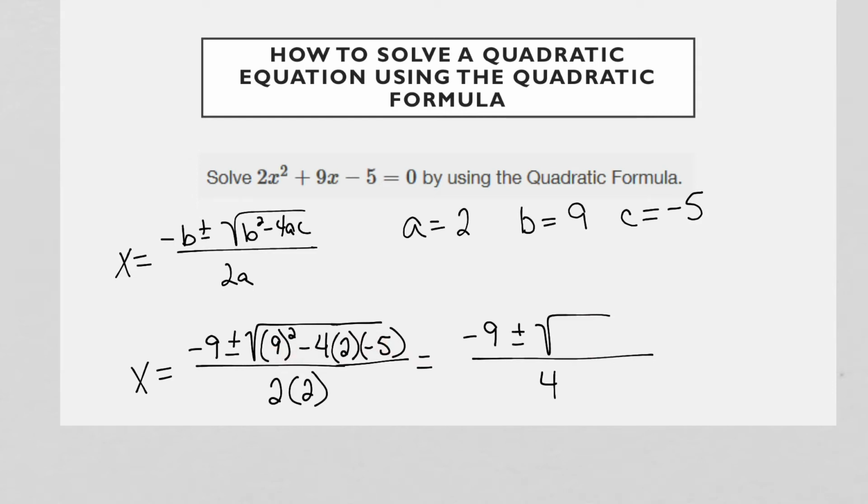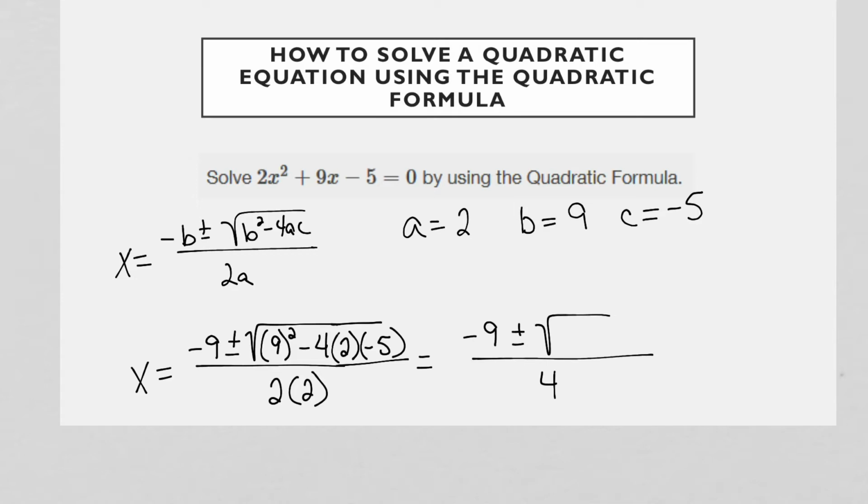Okay, here's what I'm typing in. Parenthesis 9, close parenthesis, hit the square button, the minus button, and then 4, and then open parenthesis, 2, close parenthesis, open parenthesis, -5, close parenthesis, hit enter.